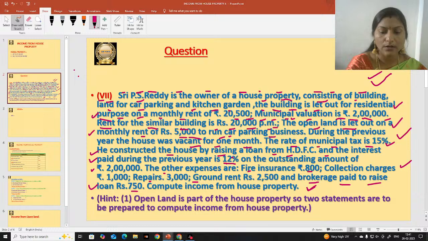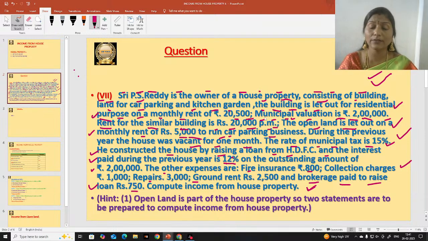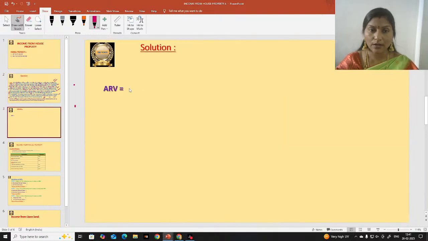Now what do you do? You see what ARV is here. ARV is 20,500. 20,500 into 12 we do actually. But here the house is vacant for 1 month, so it should not be taken for this.